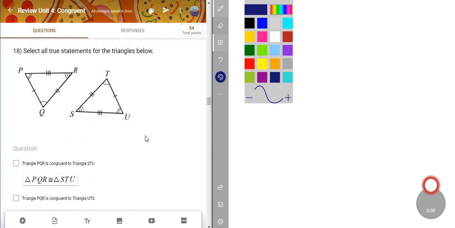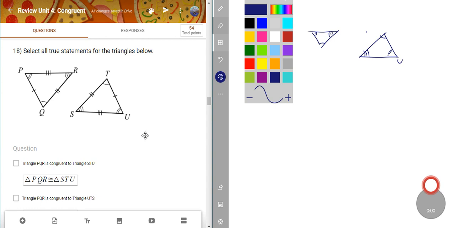So, looking at these two triangles, you know that 1, 2, 3, 1, 1, 2, and 1, 2, 3, 1, 1, 2.